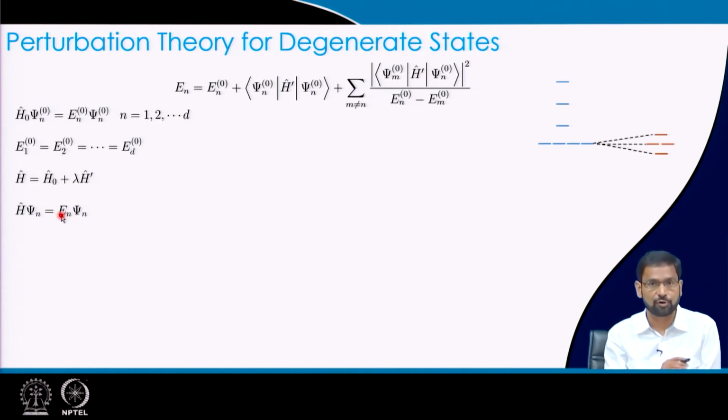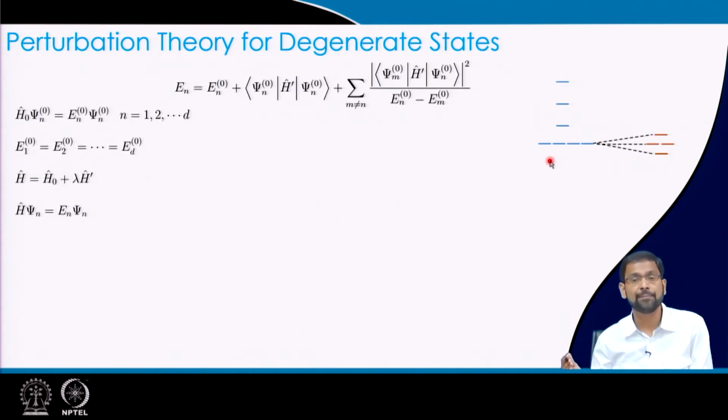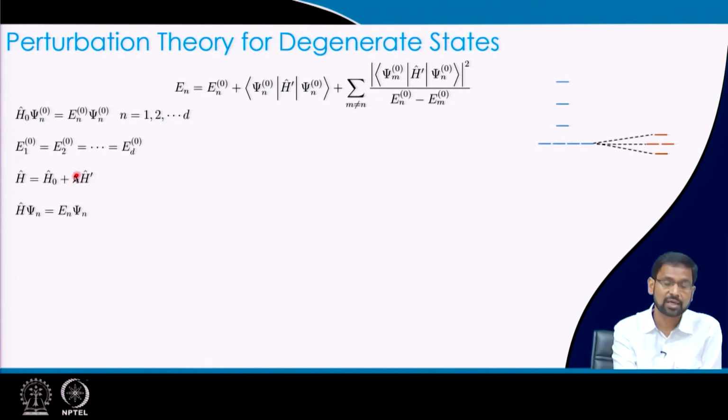Now, suppose I followed this and introduced my perturbation. I had this fourfold degeneracy in this cartoon diagram. I introduced my perturbation and I reached a condition where the degeneracy is lifted because of the perturbation. But if I want to backtrack, if I want to come back by reducing lambda from 1 to 0, I should also be able to get back to my unperturbed state.